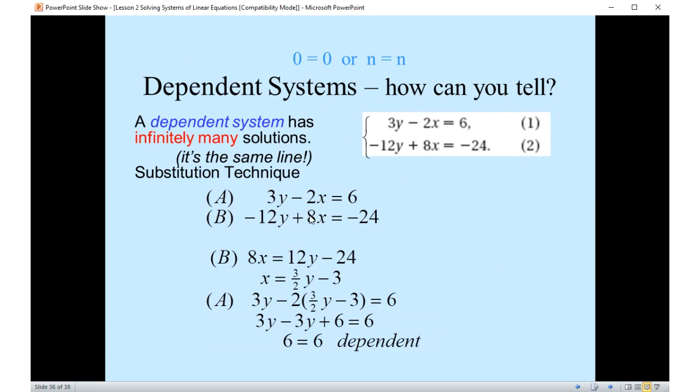So if you don't notice that they have the same y-intercept and the same slopes because the numbers are different, when you go to substitute and solve, you'll end up with two numbers that are equal to each other when they're the same line.